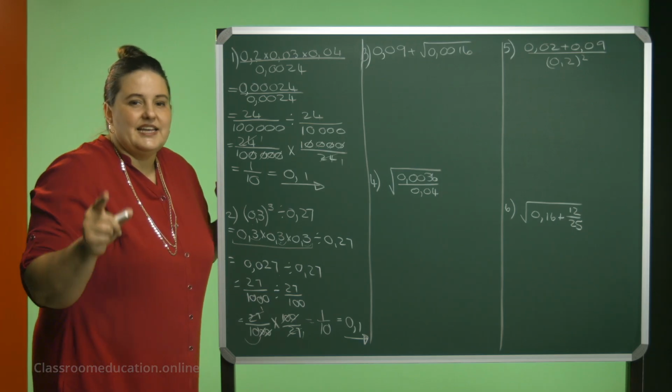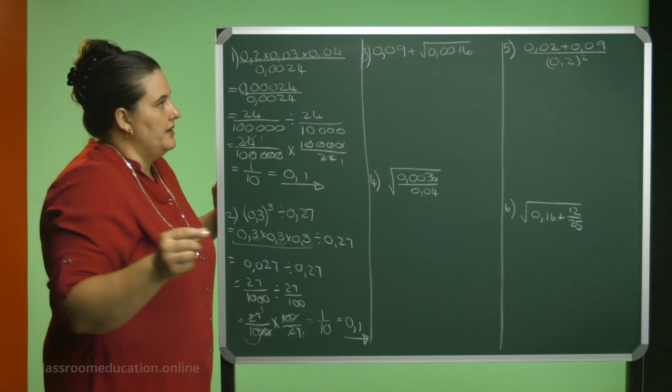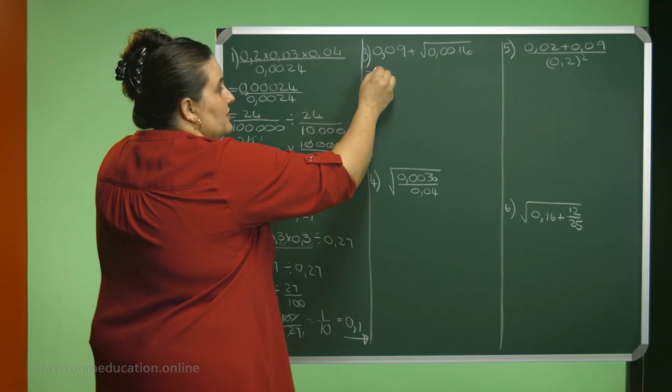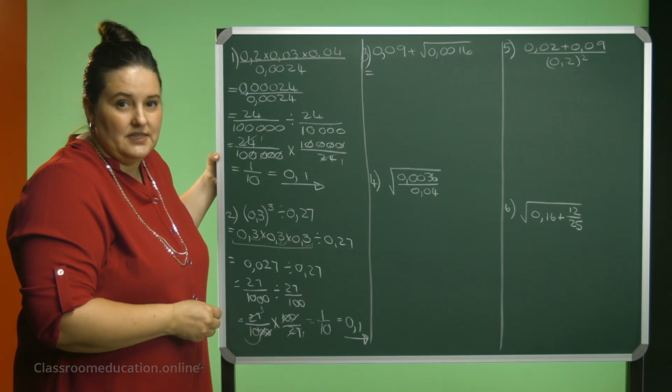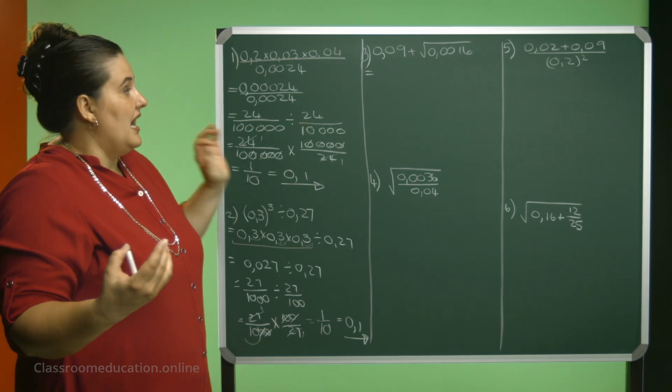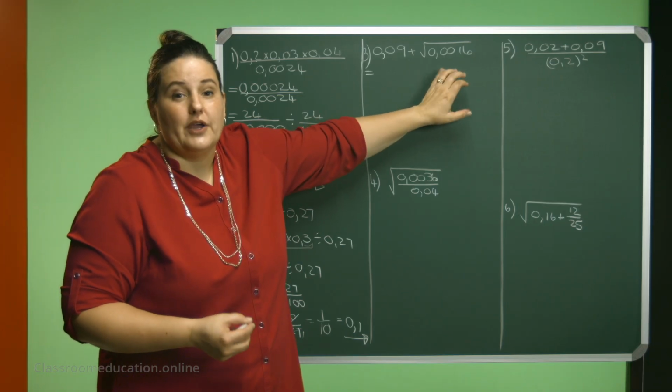Okay, let's have a look at the third one. 0,09 plus the square root of 0,0016. Where should we start? I suggest that you take on the square root first.